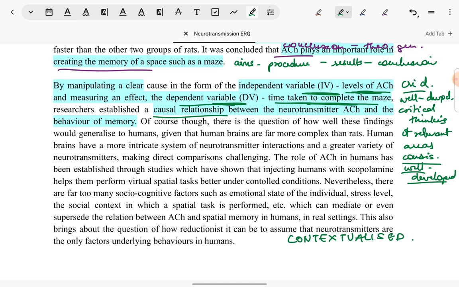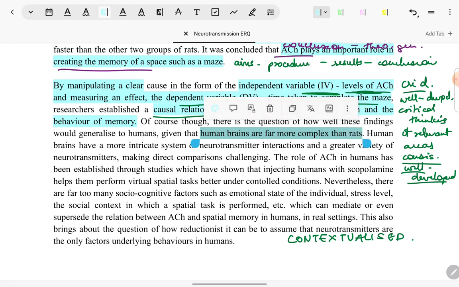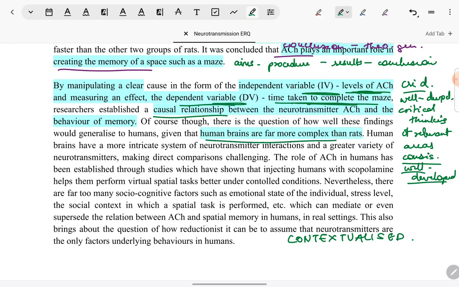But on the other hand, we are not very sure of this causal relationship because the study has been done on animals. Human brains are more complex than that of rats. So no doubt we are seeing a causal relationship, but it is highly possible that this causal relationship is applicable only to a lower species like rats, given that their brains are much simpler than that of humans.